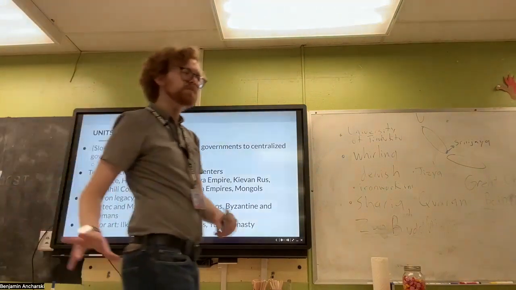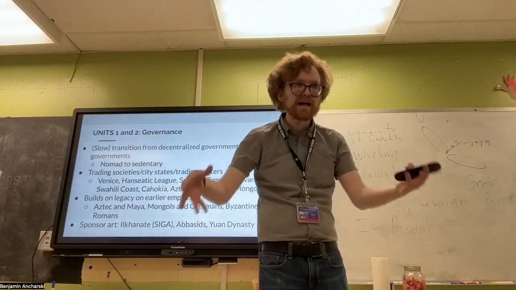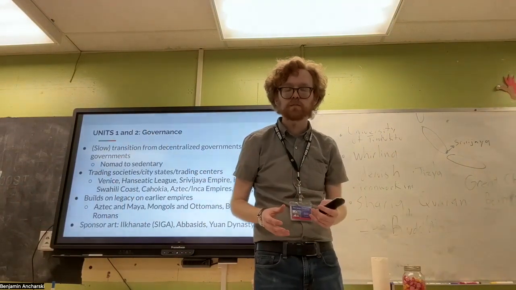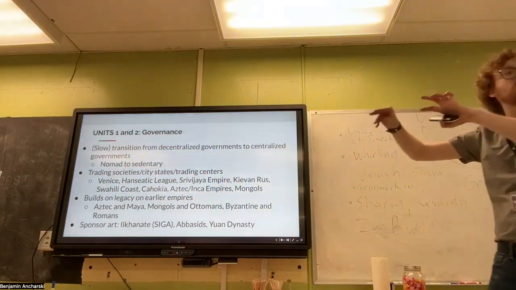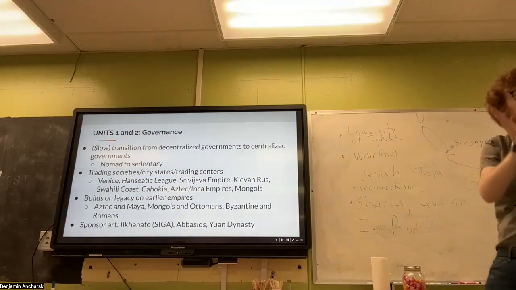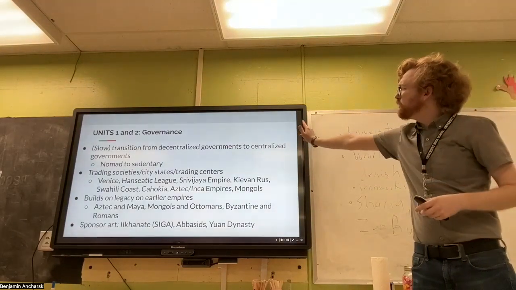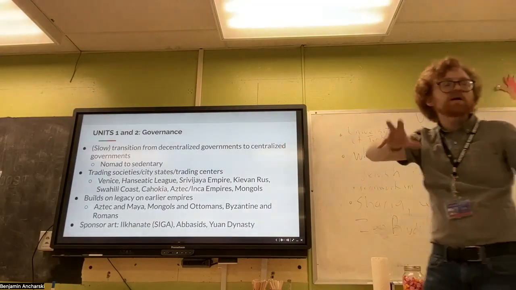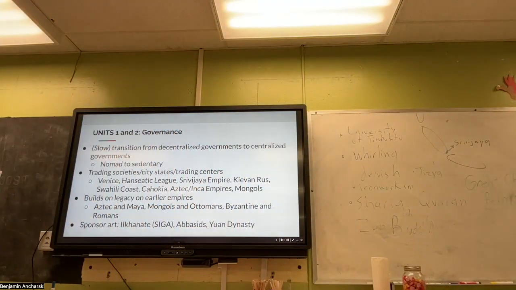So we're in the period when we're experiencing decentralization, less organized empires. However, the trend by the end of Unit 1 and 2 is more political centralization. We tend to see governments start to get their act together. So we do see a slow transition away from decentralization towards centralization generally.